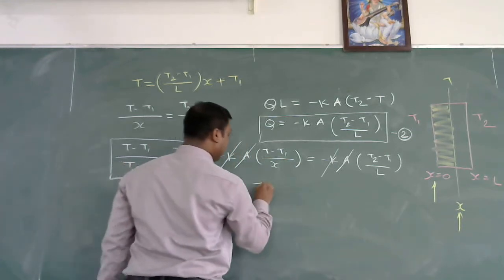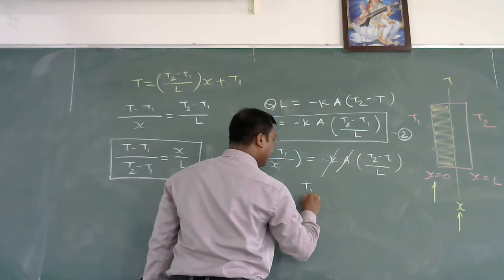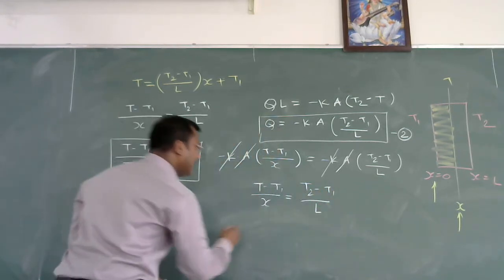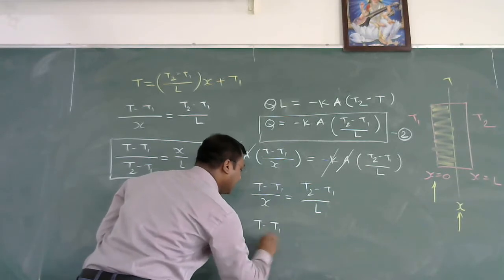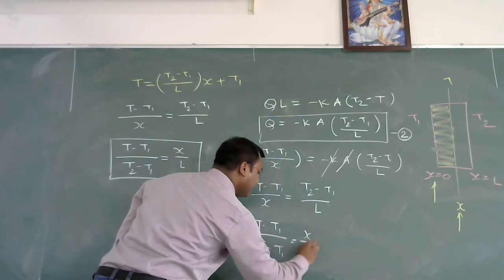I will get (T minus T1) by x is equal to (T2 minus T1) by L. Again, if I rearrange, (T minus T1) divided by (T2 minus T1) is equal to x by L.